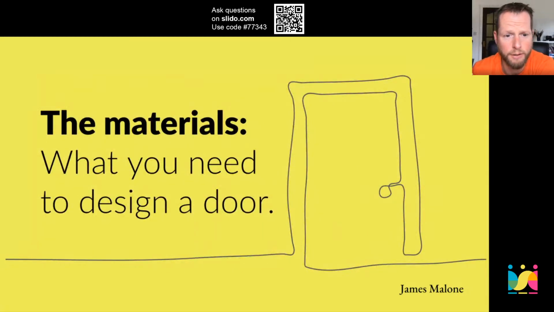So what do you need to design a door? This isn't about software. It's not about more atoms, more things. This is about people. So you need people. You need a group of willing advocates, people who design systems, not necessarily design systems, but people who design systems.